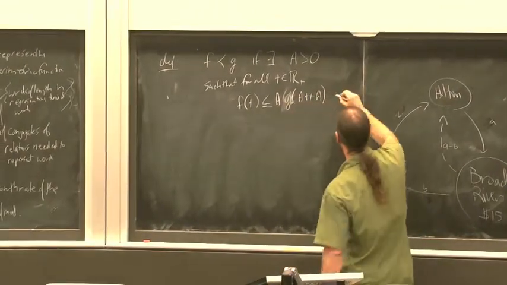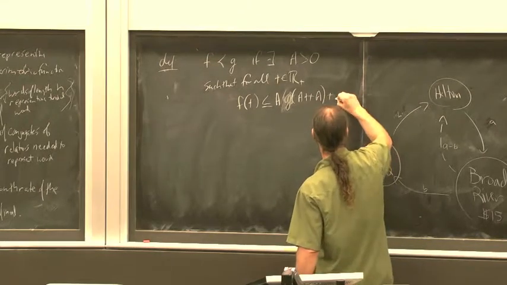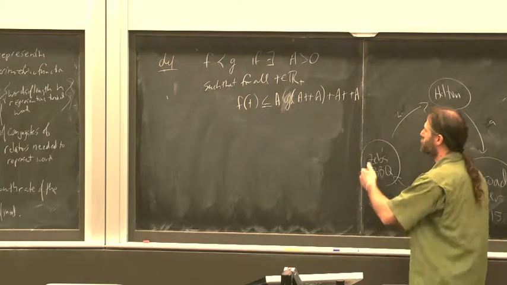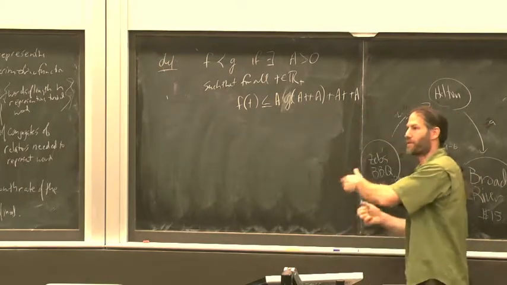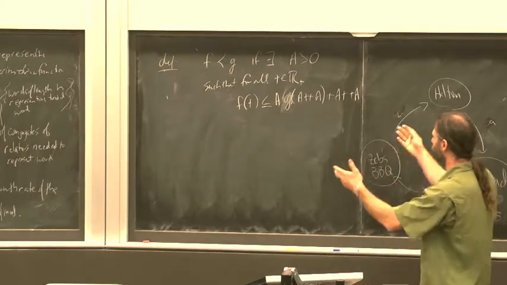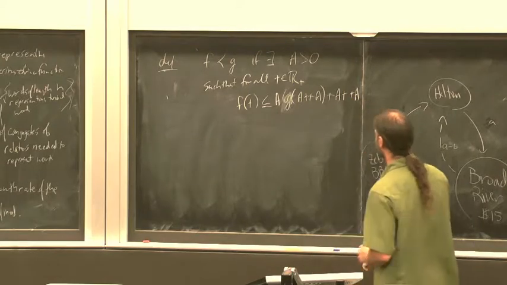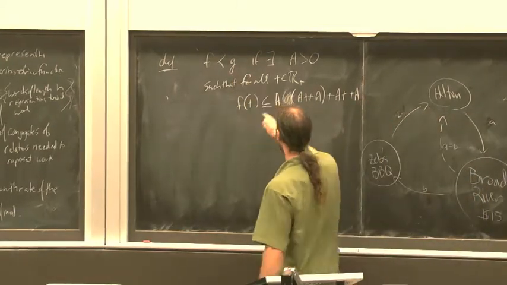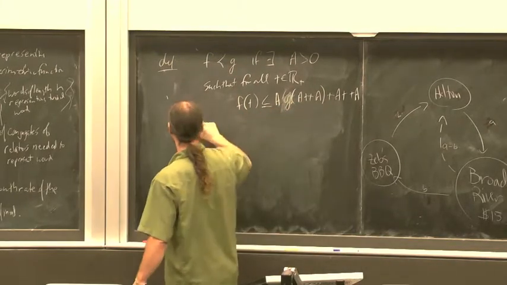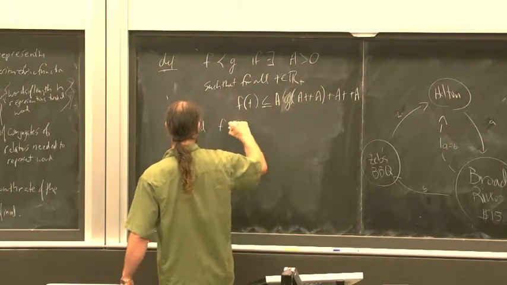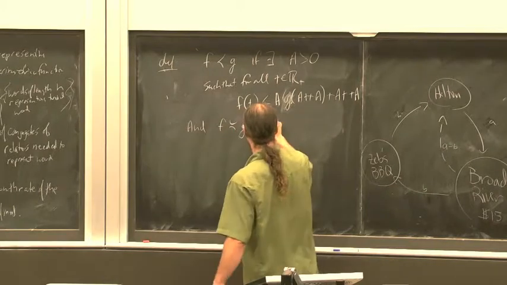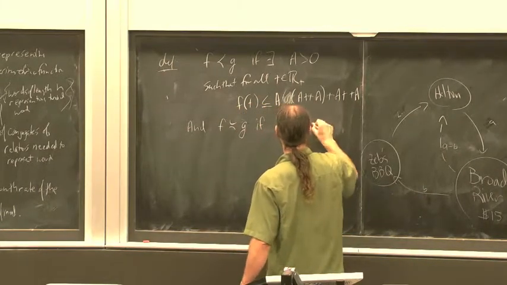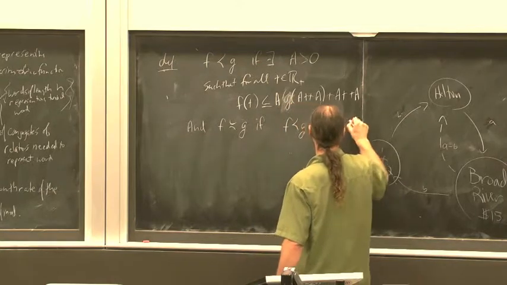So it's up to affine functions where you put an affine function every place possible. So let me just write them all to be careful: up to precomposing by an affine function, adding an affine function, and multiplying by a constant. So f is asymptotically less than g if this is the case, and f is asymptotically equal to g if and only if f is asymptotically less than g and g is asymptotically less than f.